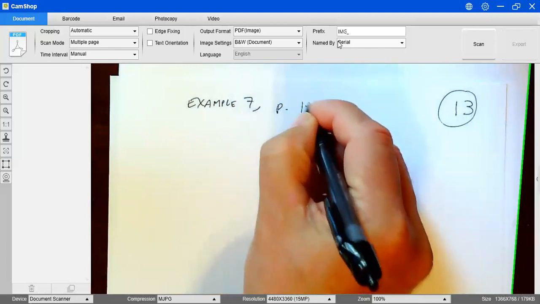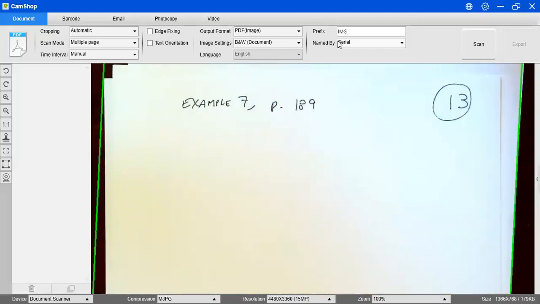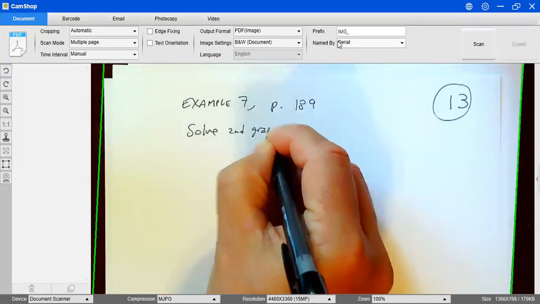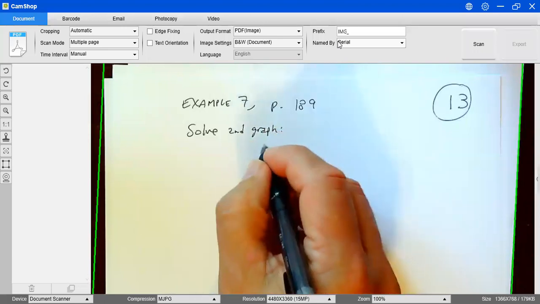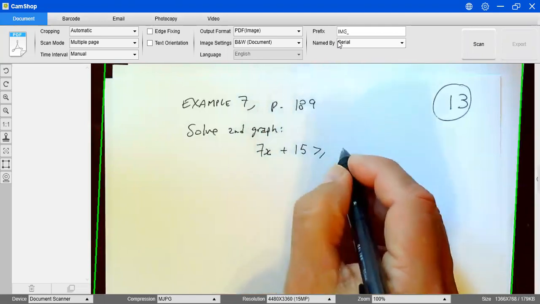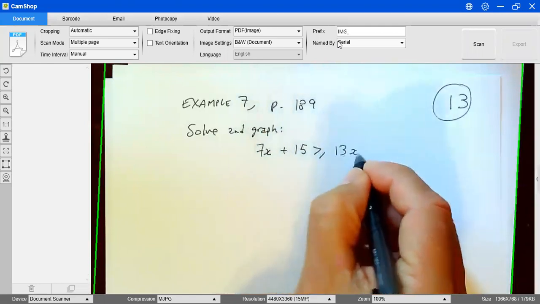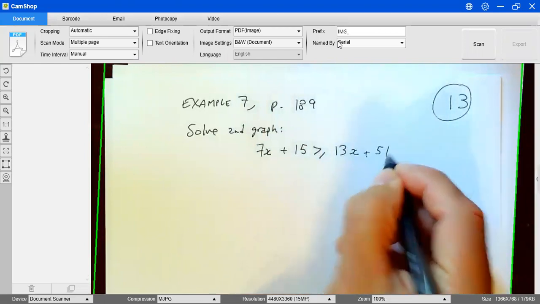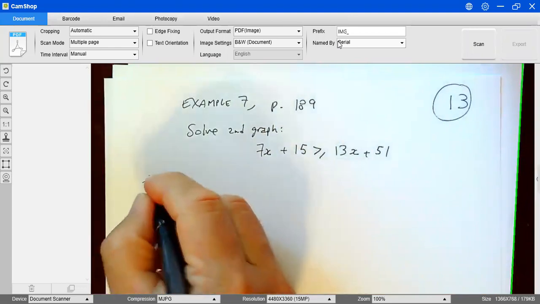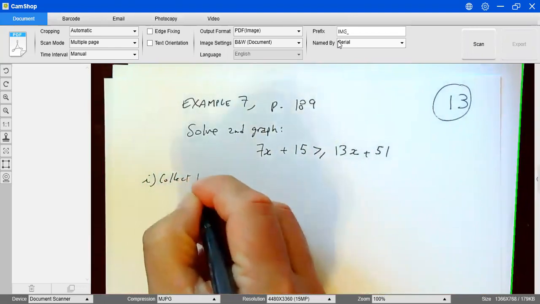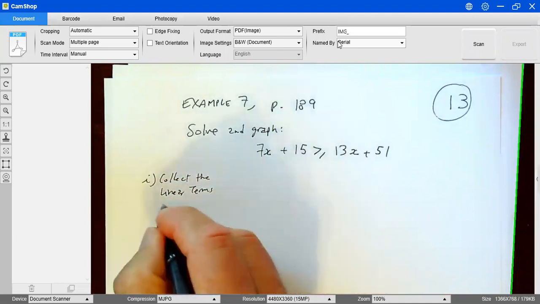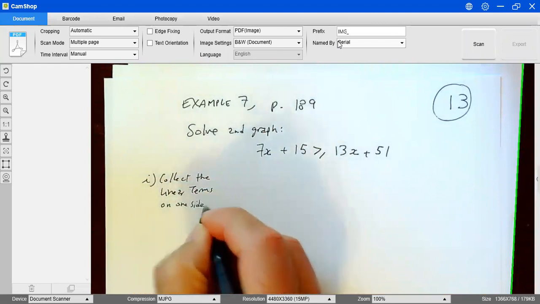On page 189. So we're gonna solve and graph 7x plus 15 greater than or equal to 13x plus 51. So what we are going to do first is collect the linear terms on one side, usually the left-hand side.